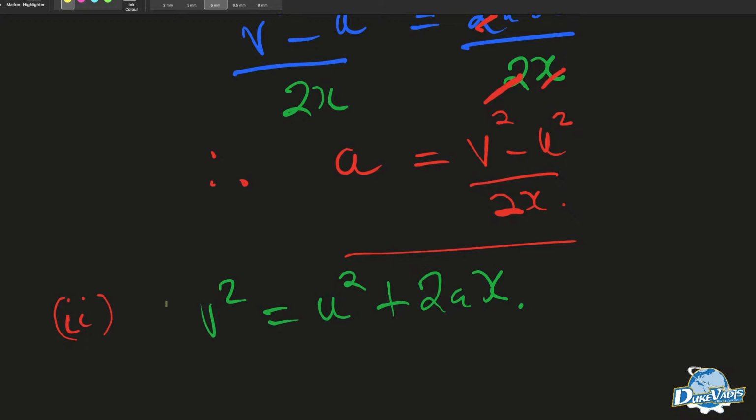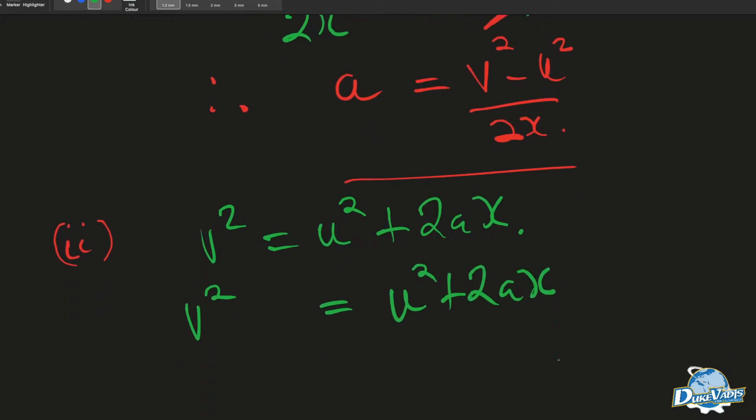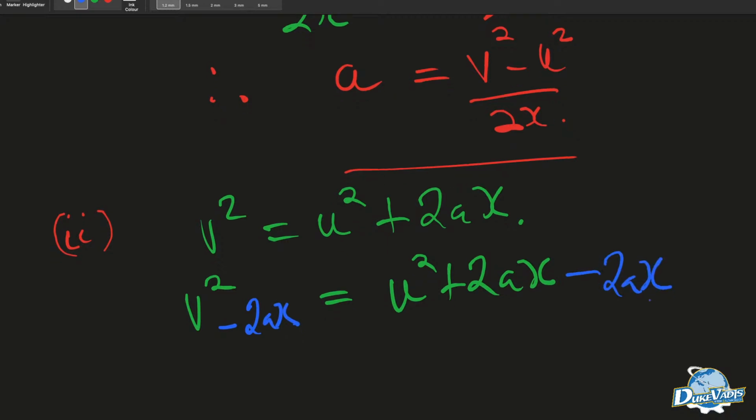So that the equation, in effect, will be v squared is equal to u squared plus 2ax. So what am I going to do? I'm subtracting 2ax from each side of the equation. So I take 2ax from here, I take 2ax from here.